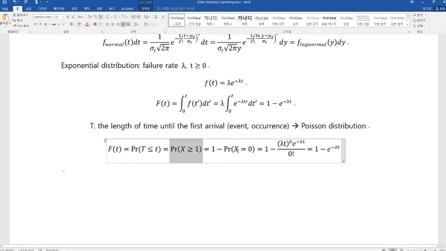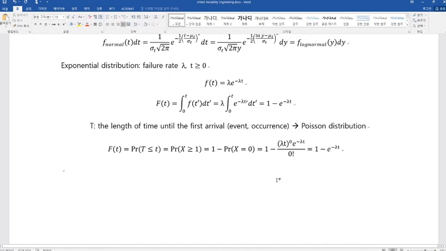That can be calculated as 1 minus the probability that no event occurred during the time t. And with that, we could derive the cumulative distribution function for exponential distribution by using Poisson distribution.